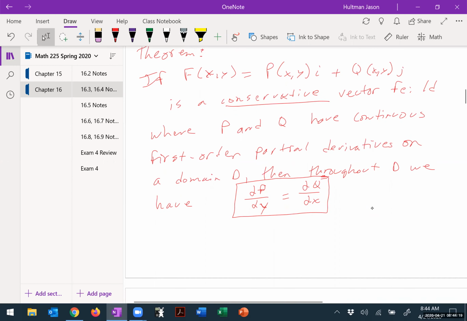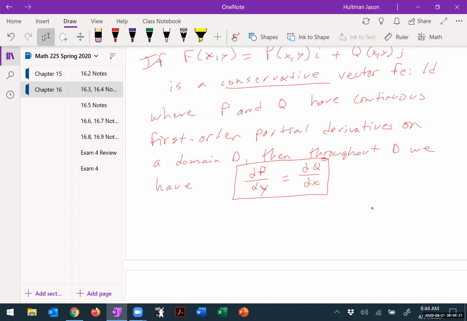So remember that del of f is equal to F, right? So what would we do? We would take whatever the original function was. We're saying that P(x,y) is f sub x.